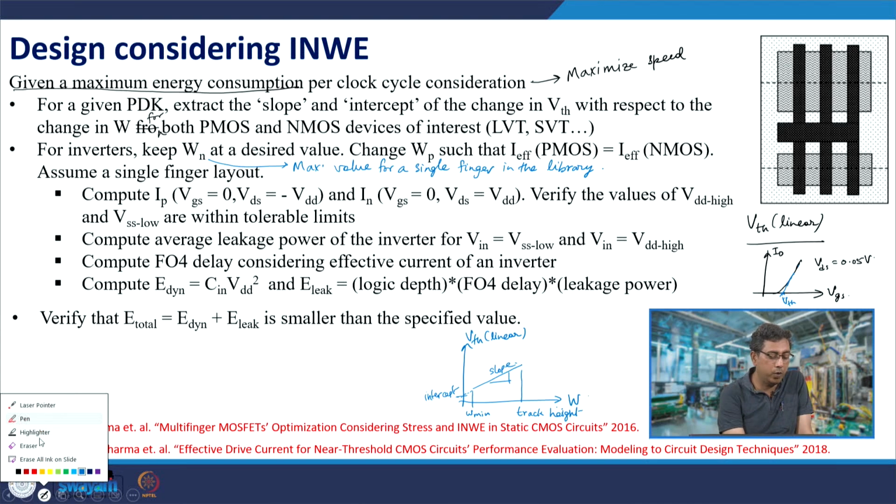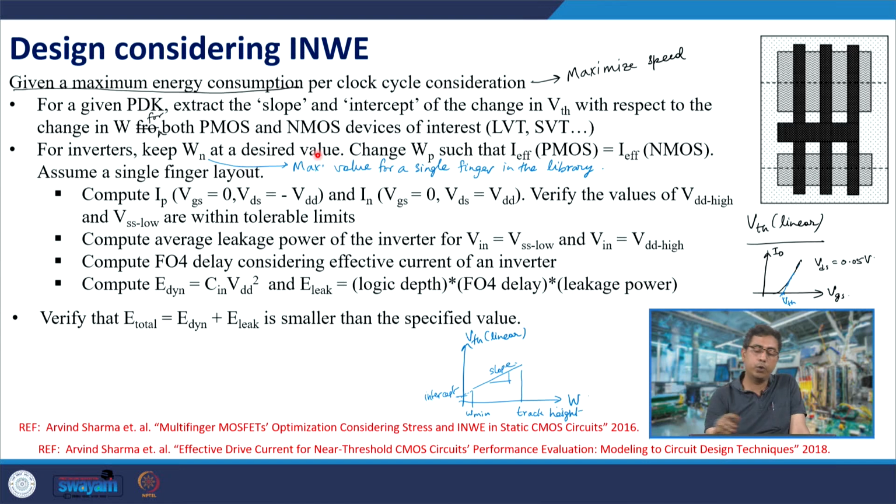Now for that Wn, you choose a WP for which I effective of the P MOSFET and I effective of the N MOSFET are equal, so that the rise and fall transition times would be equal. How would you get this? You know the threshold voltage from here, and once you know the threshold voltage, we know how to compute I effective for P MOSFET and N MOSFET from our previous lecture.